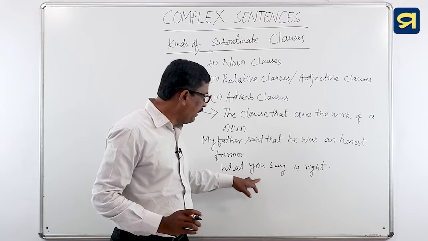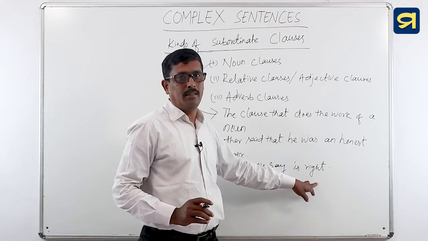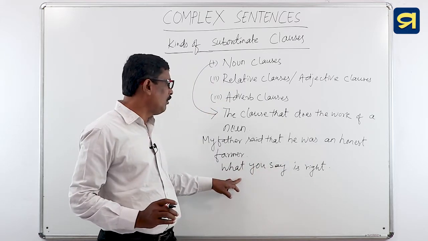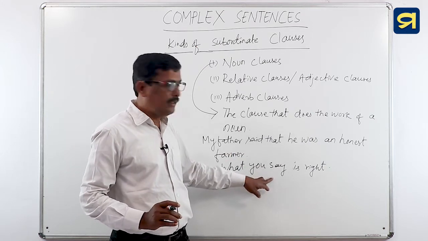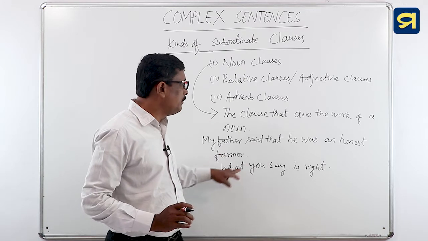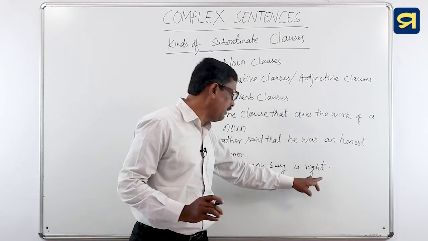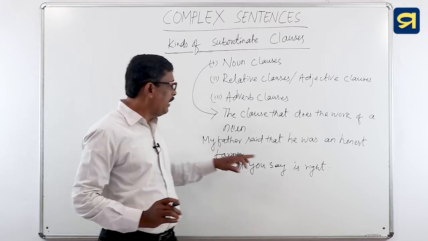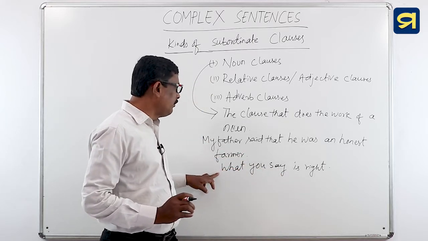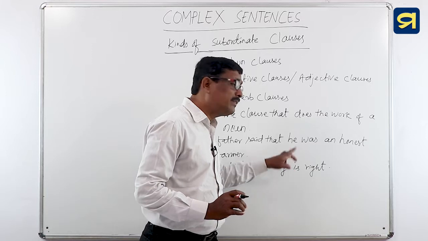Here the main clause is it is right, because if the noun clause or a WH clause is used in the beginning of the sentence, the main clause begins with it. So it is right is the main clause and what you say is the noun clause. And if the noun clause is used in the beginning of the sentence, the verb must be singular.